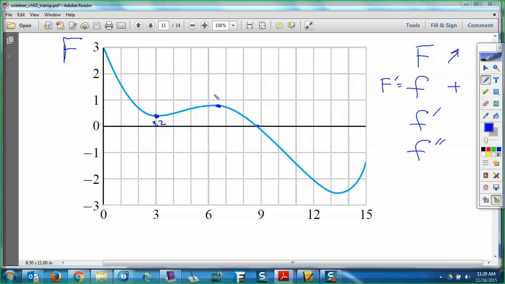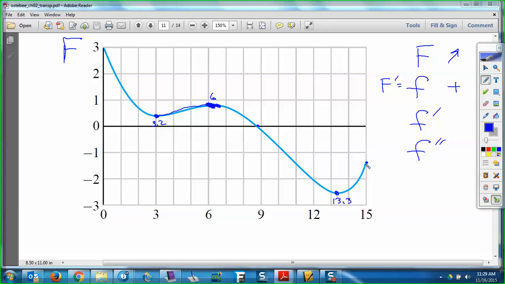This one is 6. They're saying this is the max, right there at 6. And 13.3, which is right here. So our answer would be from 3.2 to 6, and from 13.3 to 15, right?